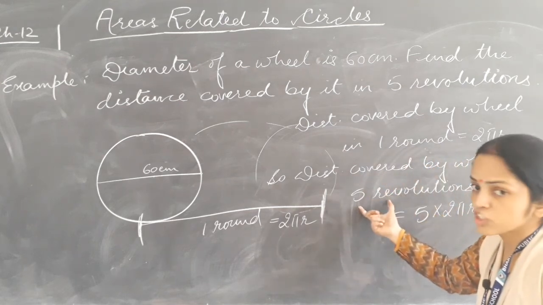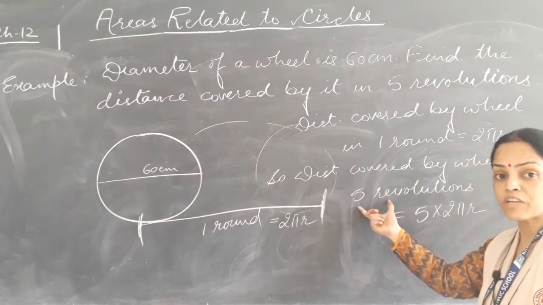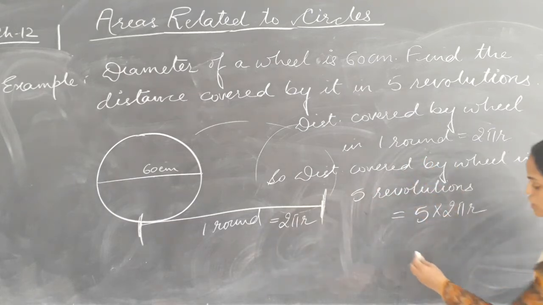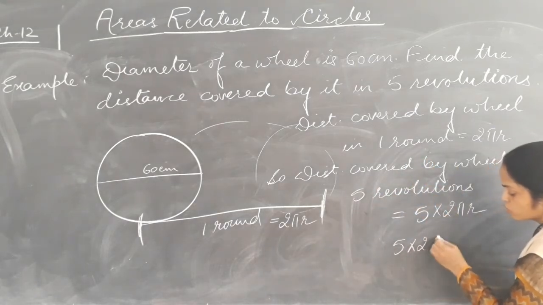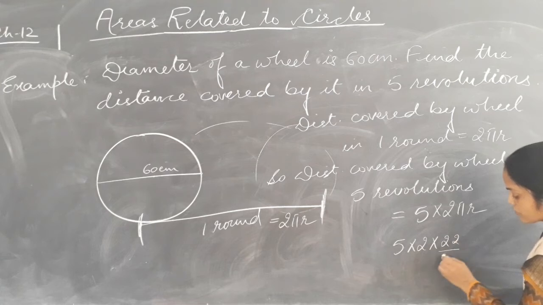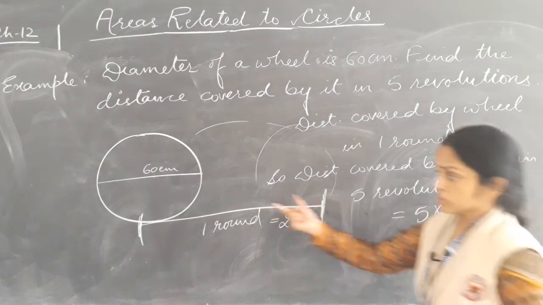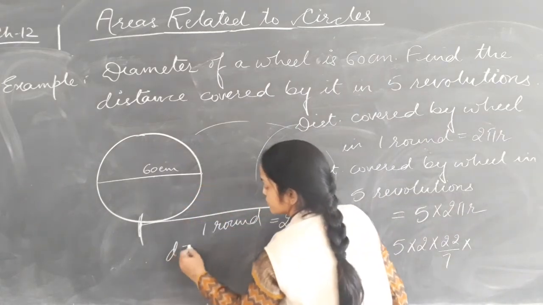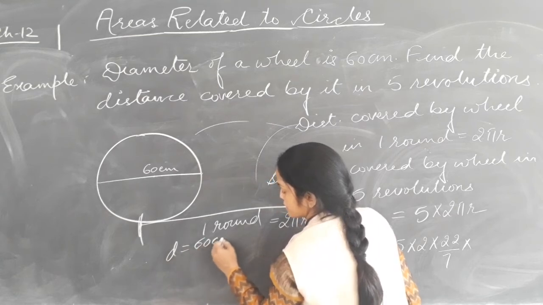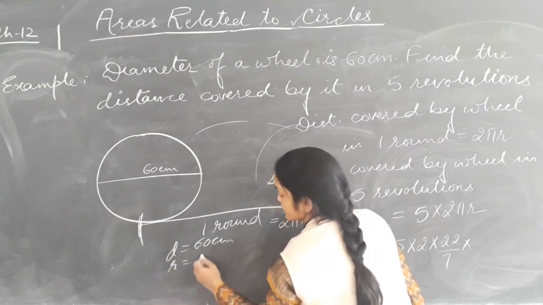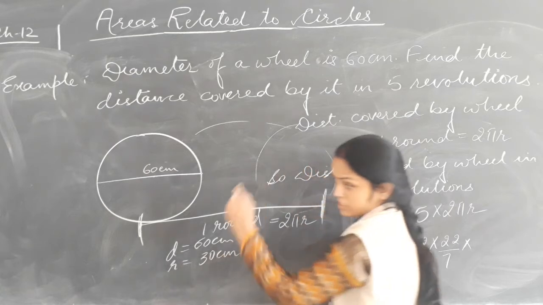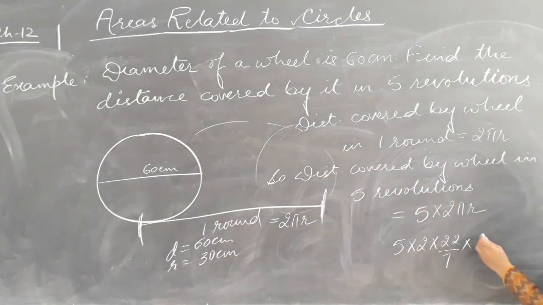So in 5 revolutions, distance covered by wheel is 5 times 2 pi r. Now keep the values. 5 multiplied by 2, pi is 22 upon 7 and r is not given, diameter is given. Diameter is given 60 centimeter. So radius will be 30 centimeter. Okay, so keep r as 30.